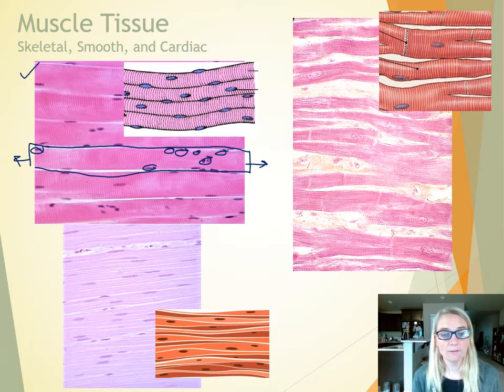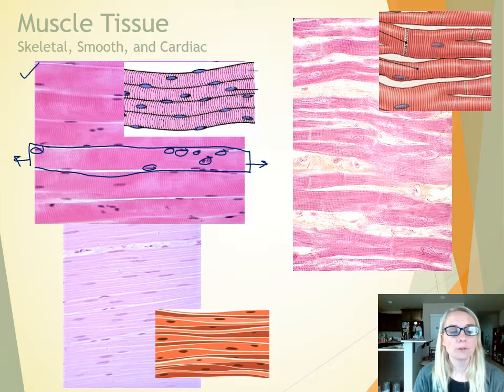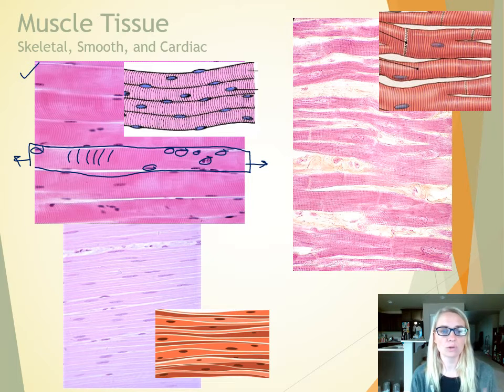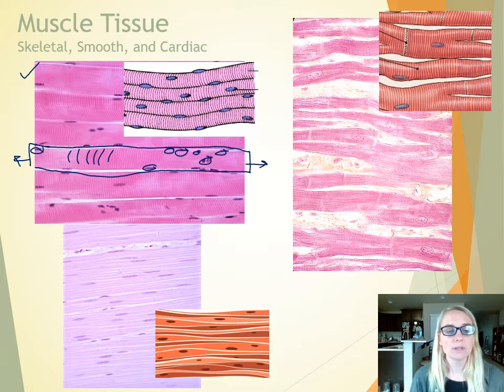They're very long and fibrous in structure. And if you'll notice, they also have striations. These are all these little stripes you can see. Striated or striations means stripes. Again, we'll talk about why that is when we get into that material in chapter 10. So skeletal muscle is long, fibrous, multinucleated, striated.